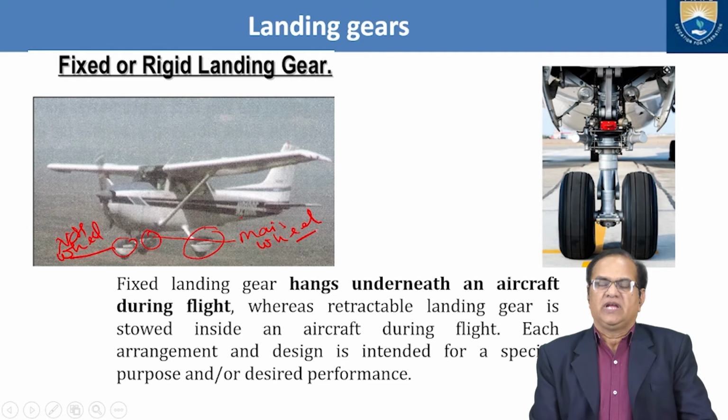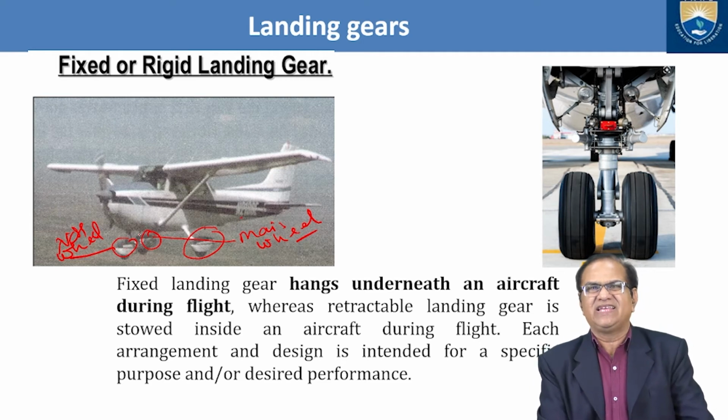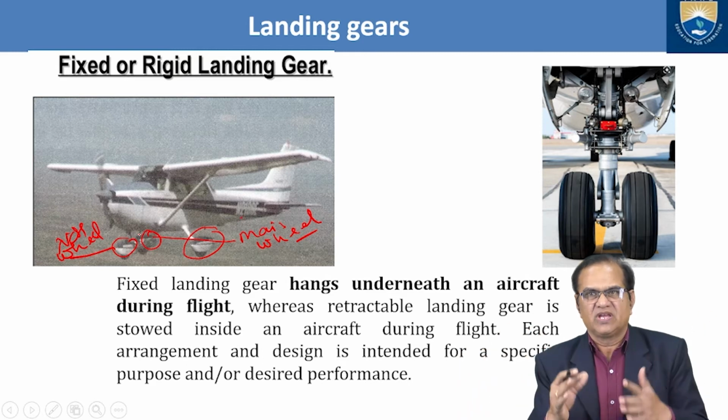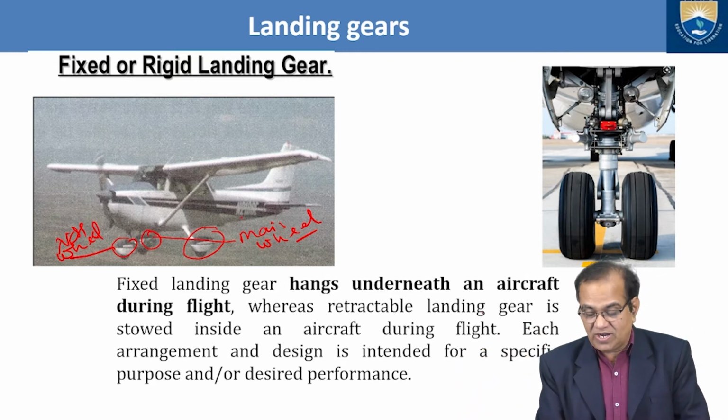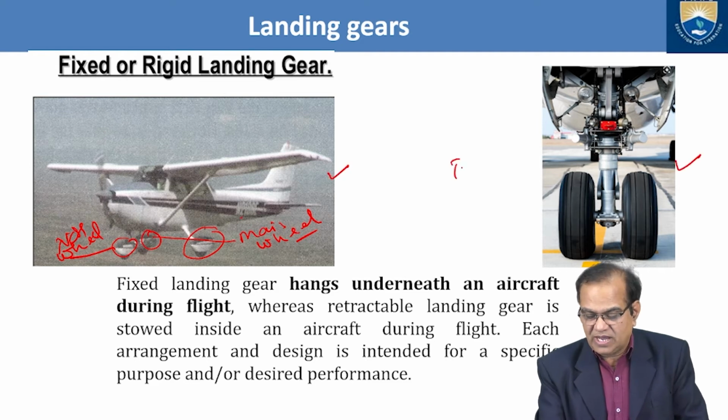So these are the main wheels and this is the nose wheel, and they are always hanging. They are not retracted inside. Whereas if you see the retractable landing gears, this is the fixed landing gear and this is the retractable landing gear.